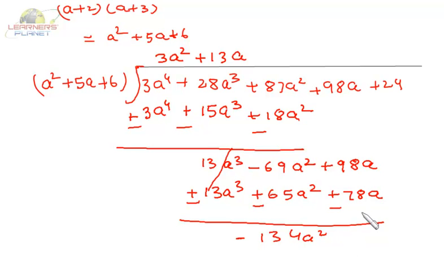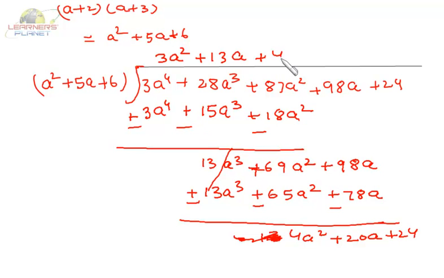Friends, I'm really sorry, it is positive 69a^2. So 69 minus 65 will be only 4a^2. Then 98 minus 78 is 20a, then it is plus 24.